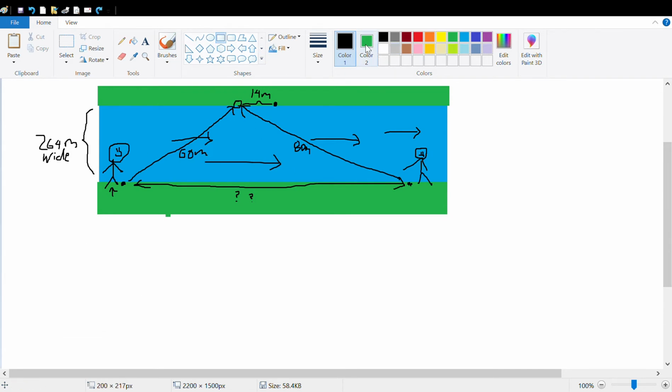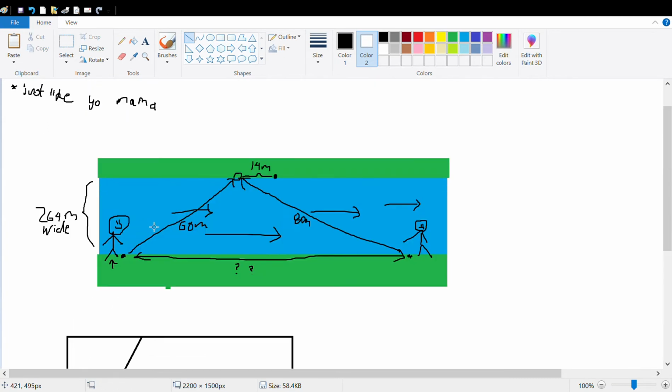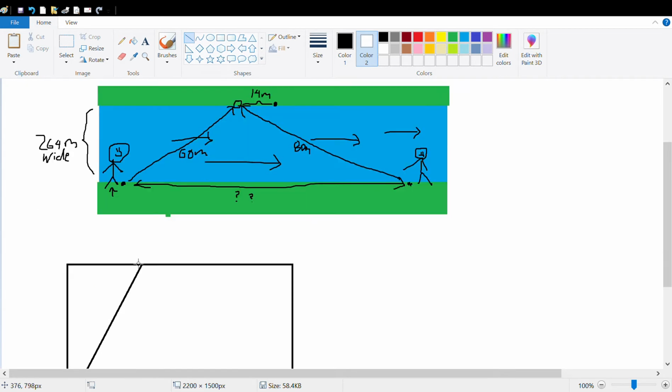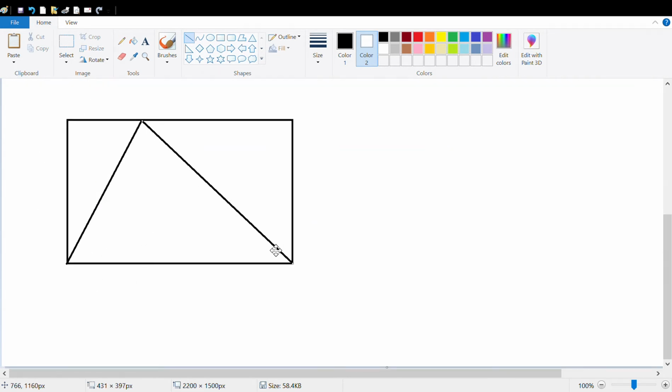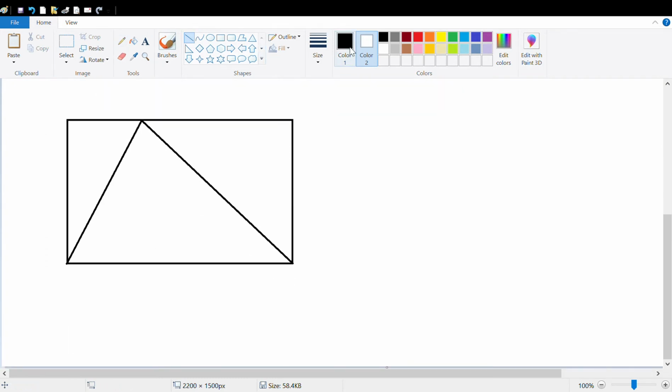This is the first path, which represents this arrow here, and this is the second path, which represents this arrow over here. This is the river. This corner is where the first person starts, and this corner is where the second person starts. This is where they meet up in actuality, and this is where they meet up in our alternate reality.